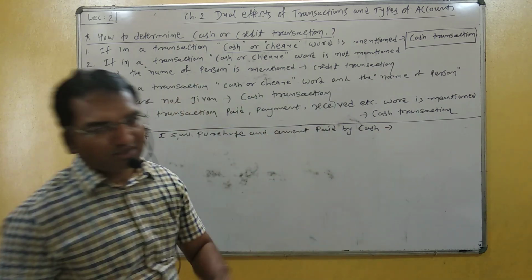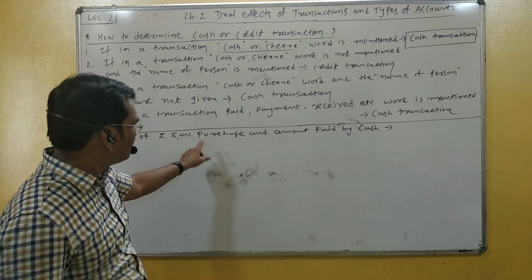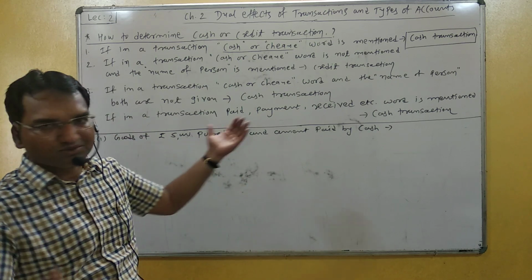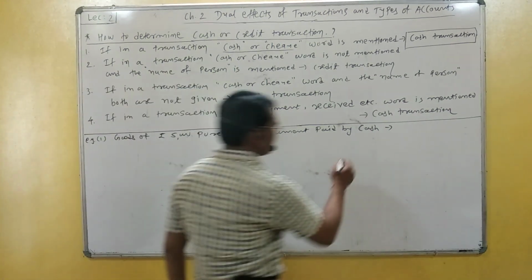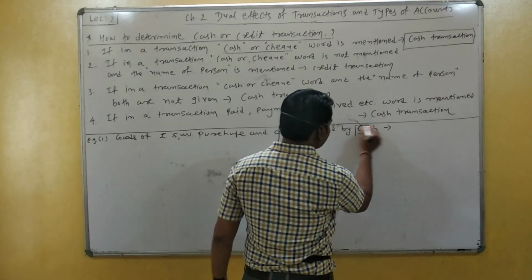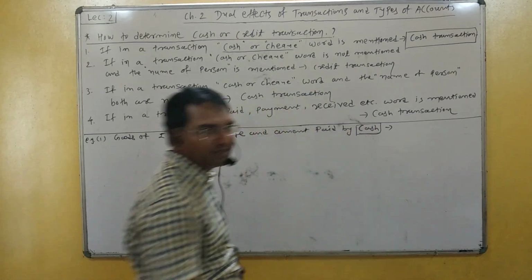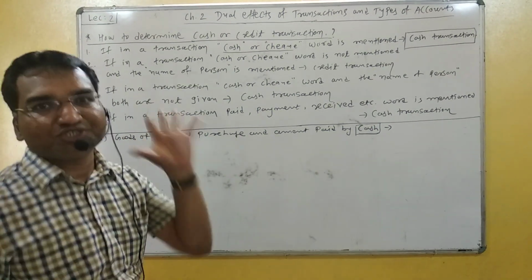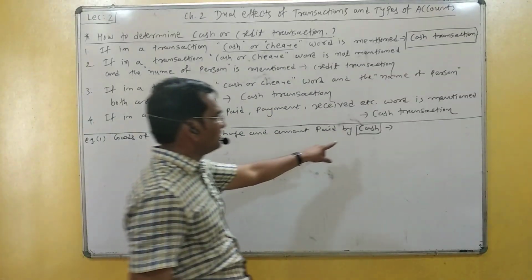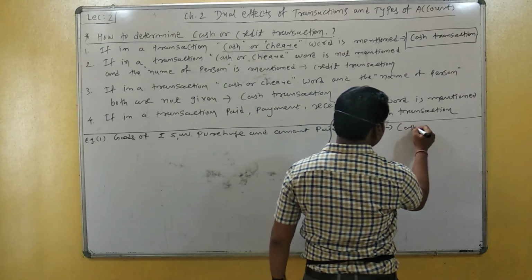Students, here you can see that the businessman purchased goods of rupees 5,000, and the amount was paid by cash. So the cash word is mentioned. Is it a cash transaction or a credit transaction? This is a cash transaction because the cash word is mentioned.